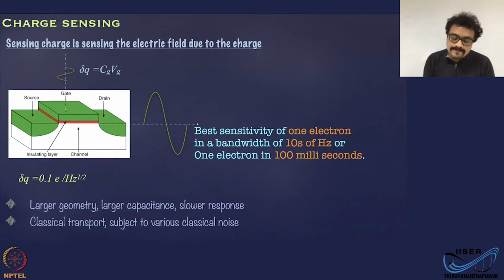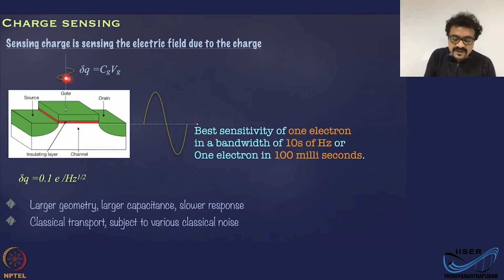So let us look at the classical charge sensing amplifiers that we encounter. They are basically field effect devices with this configuration, which we have discussed in the introductory session. So the current through this system is a function of the gate voltage. To change the gate voltage, you are actually changing the gate charge. Whenever you change a small amount of gate charge, that is going to be reflected as a change in the current through the system.